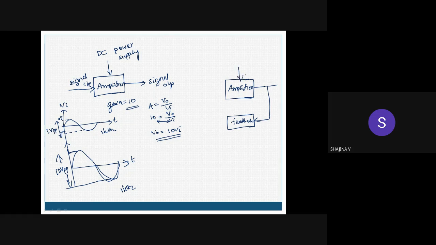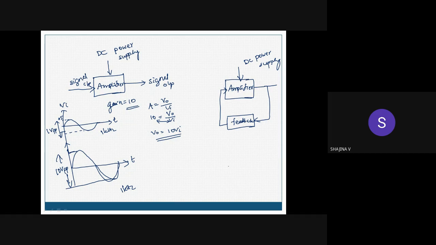So here, to the amplifier, we are applying the DC power supply. It is required in the case of an oscillator also. But we are not applying any input signal, only this feedback signal to the amplifier part.